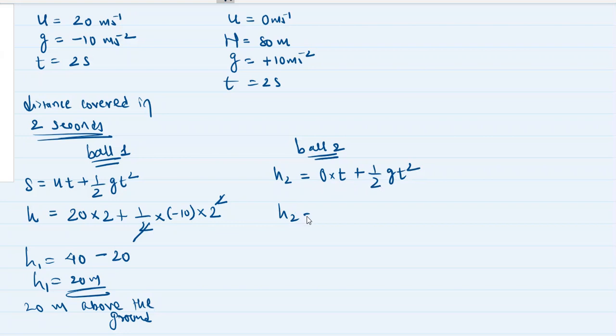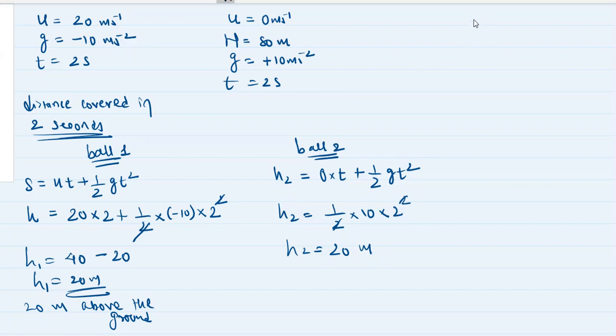That is h2 is equal to half multiplied by 10 multiplied by t square, that is 2 square. So h2 is also 20 meter. Great. So the second ball also falls down by a distance of 20 meter.